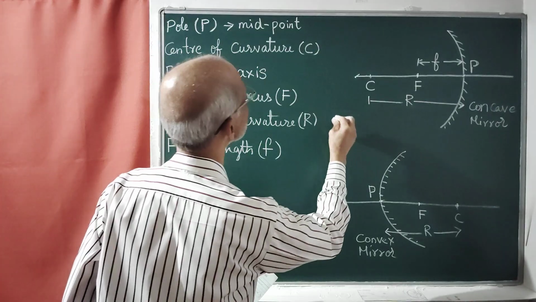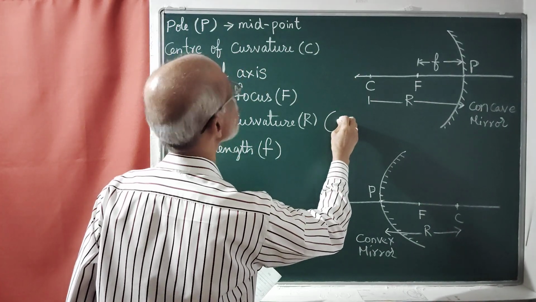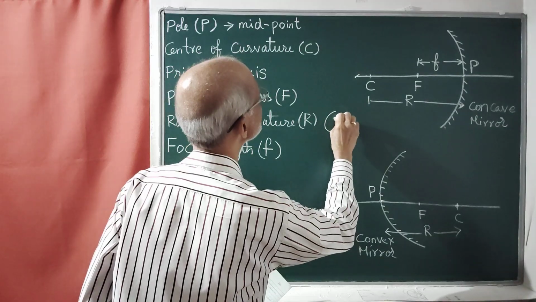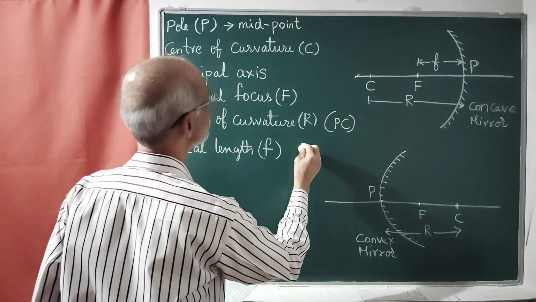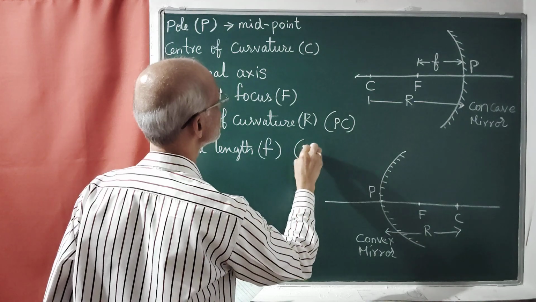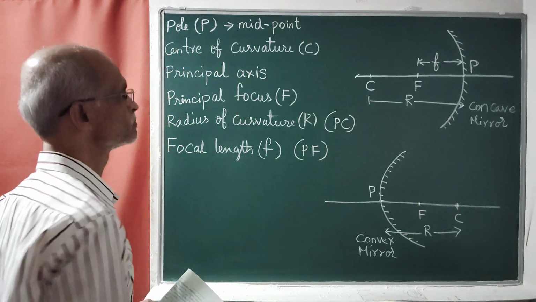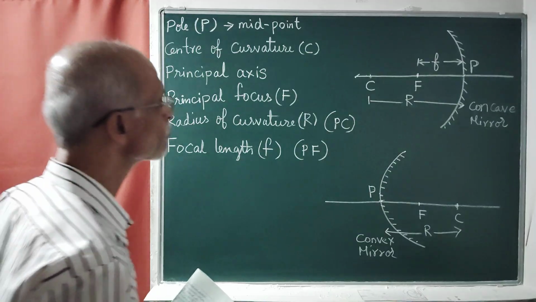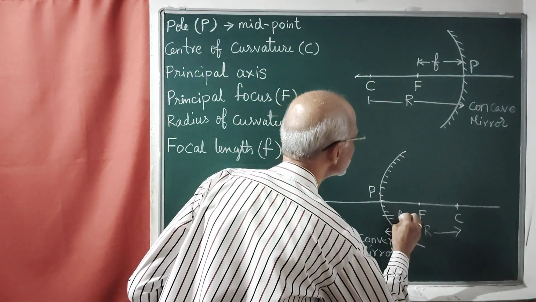So PC is the radius of curvature. PF is the focal length.